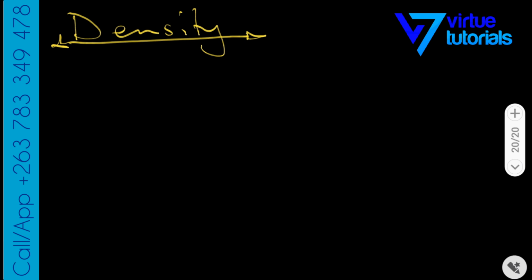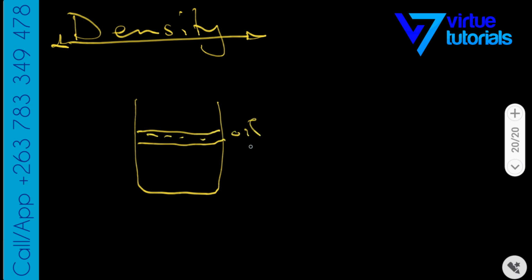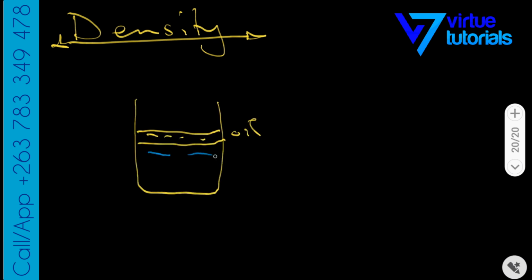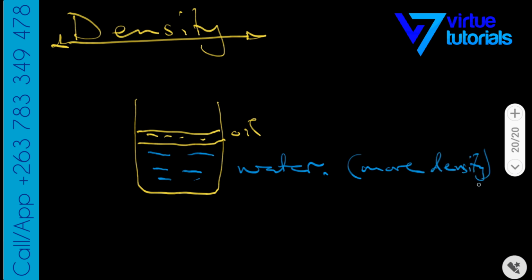If you have a container with water and oil, you've noticed that oil tends to float on top of the water. So what's happening there? Water is more dense. It's got a larger value for density. So density is just a general measurement of how heavy a substance is.